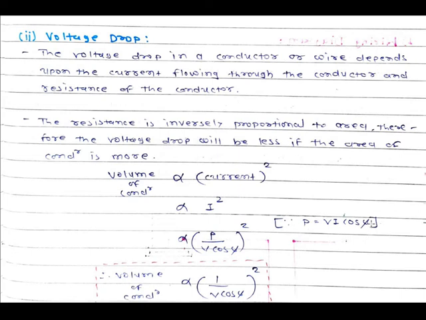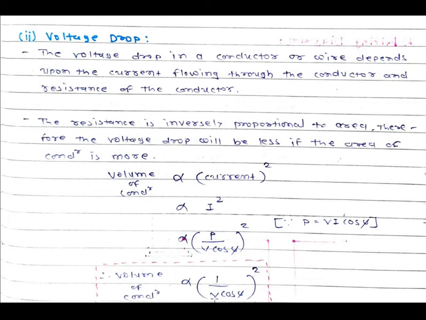So we can say that I is equal to P by V cos phi. Put the value of I equal to P by V cos phi, squared. So simply we can say that the volume of the conductor is directly proportional to 1 upon (V cos phi) square. We remove the P because the power value is constant for the particular system.